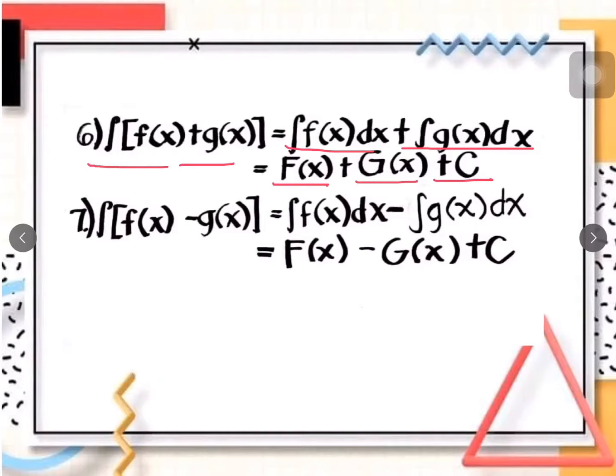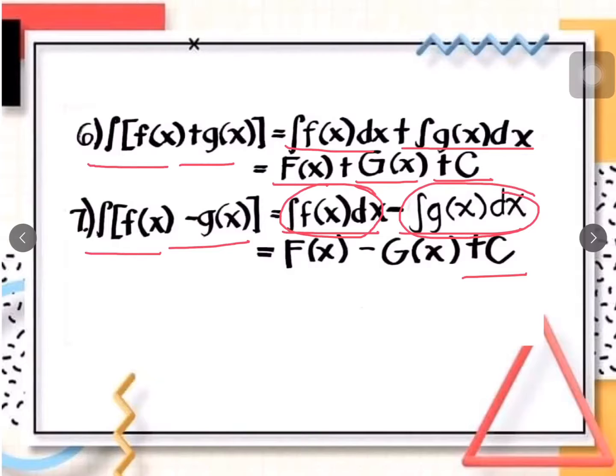The integral of f of x minus g of x is equal to the integral of f of x dx minus the integral of g of x dx, which is equal to f of x if we integrate the first term, minus g of x if we integrate the second term, plus our arbitrary constant c.